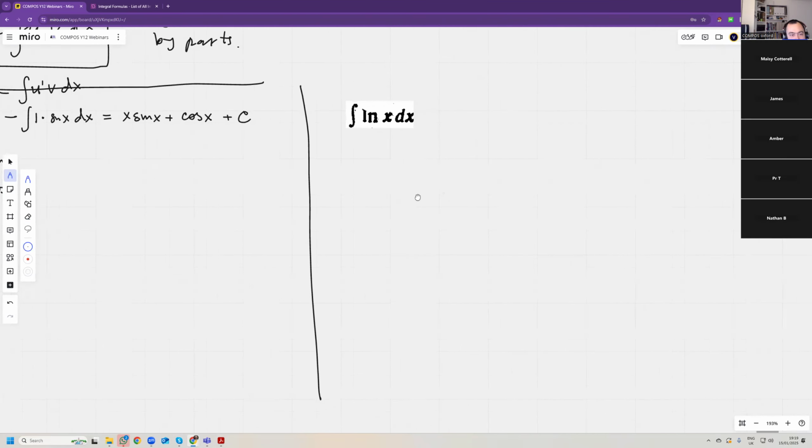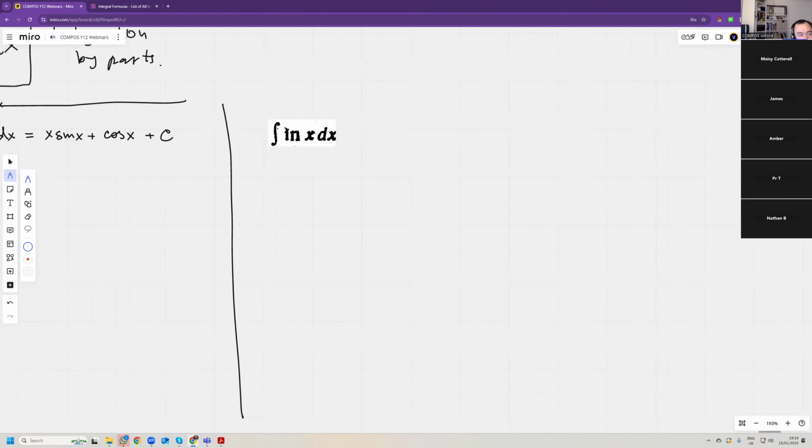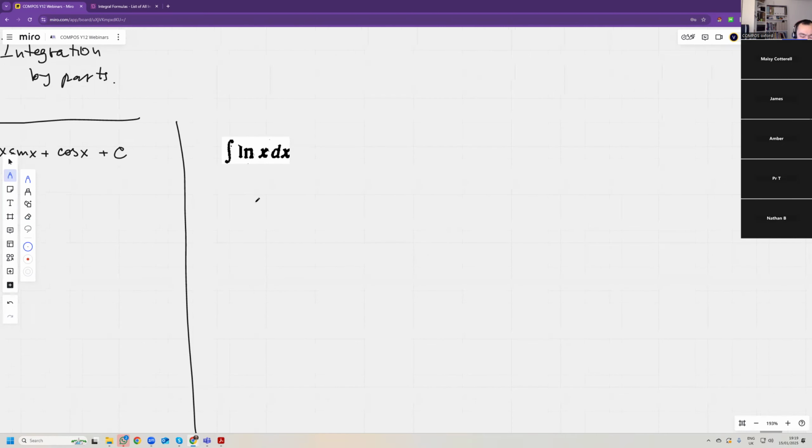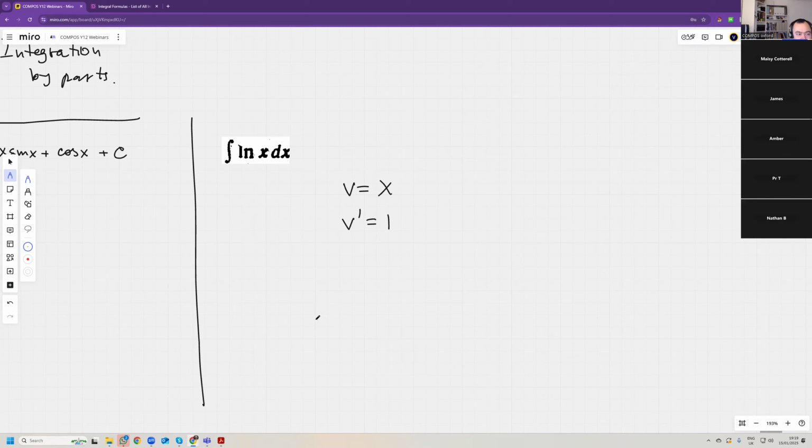Okay. Now this one is quite an unusual one. It's just logarithm x. Like, how is that an integration by parts? Well, actually, v dash is 1 and v is x. So it's actually written as logarithm x multiplied by 1 multiplied by dx.